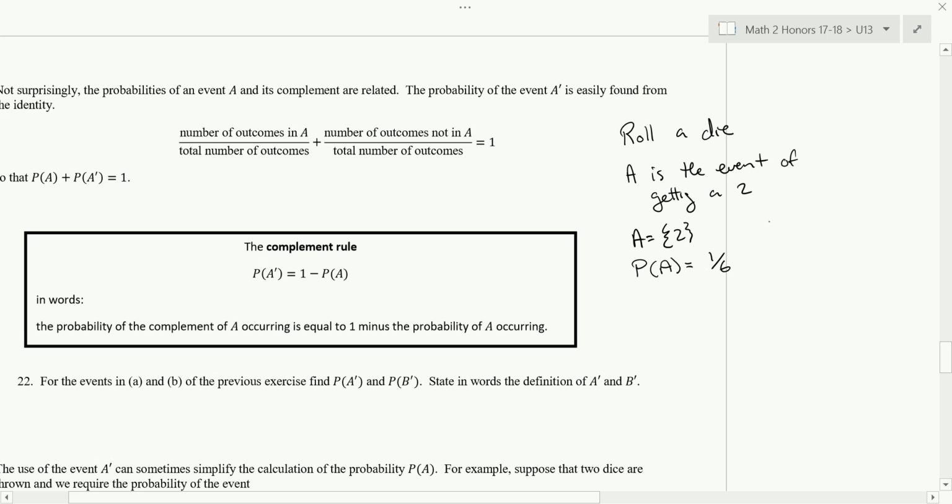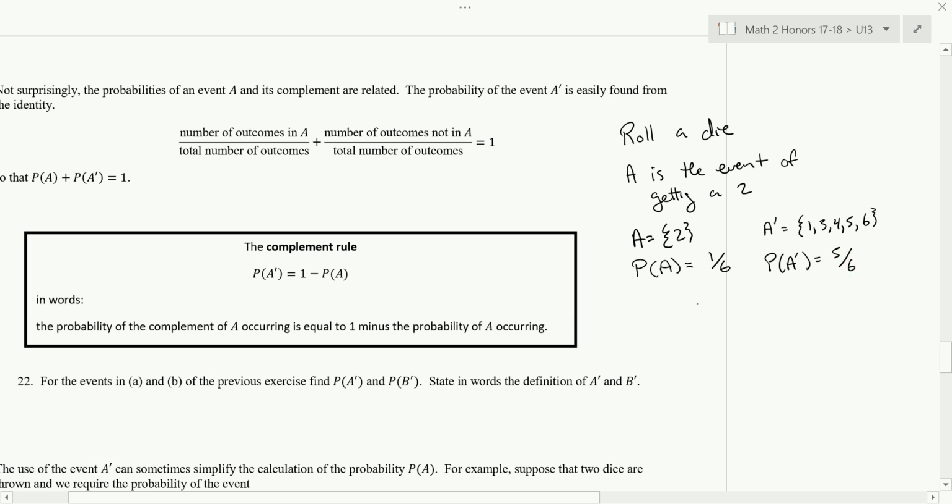Okay. What is the complement of A? Everything else, yeah. Which would be a 1, a 3, a 4, a 5, or a 6. And so what would the probability of the complement of A equal? 5 out of 6.